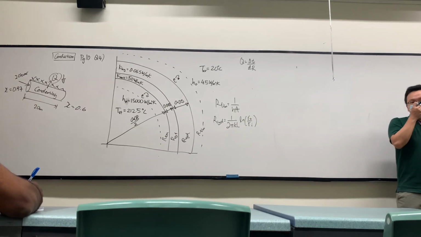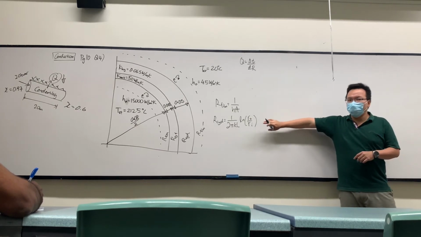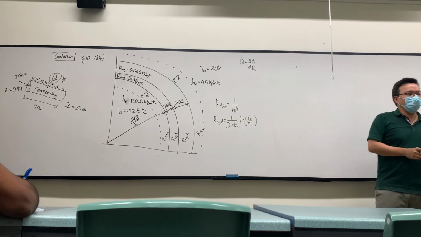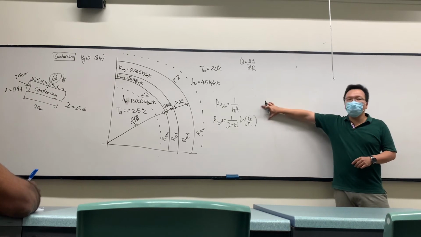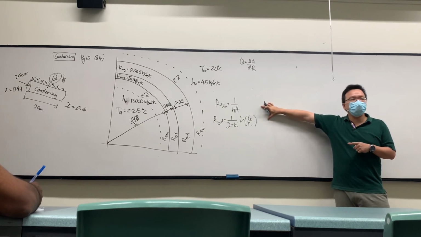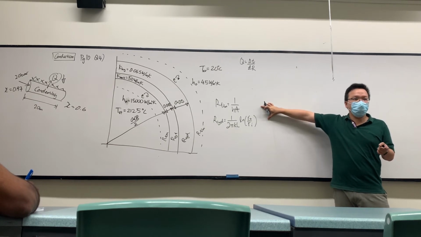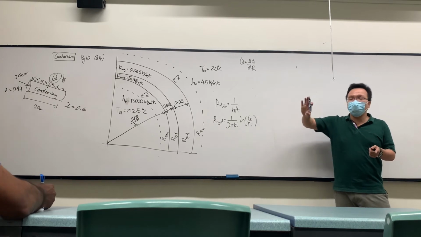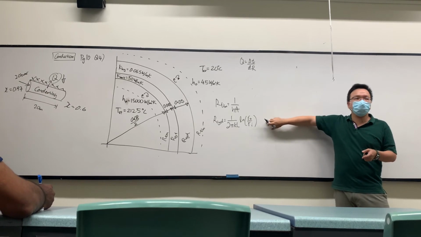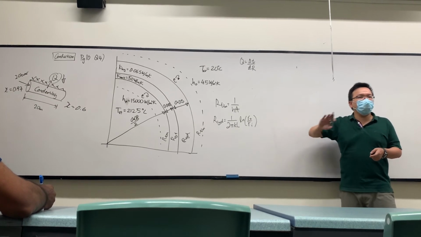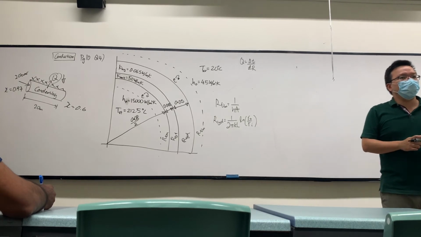It looks difficult, but it's not difficult to use. I'll cover it in a while. So please take note of these two. This is from where? Formula list, together with the x over KA. Because here is not a slab anymore, here is a cylinder, that's why you're using this. Clear? LN.